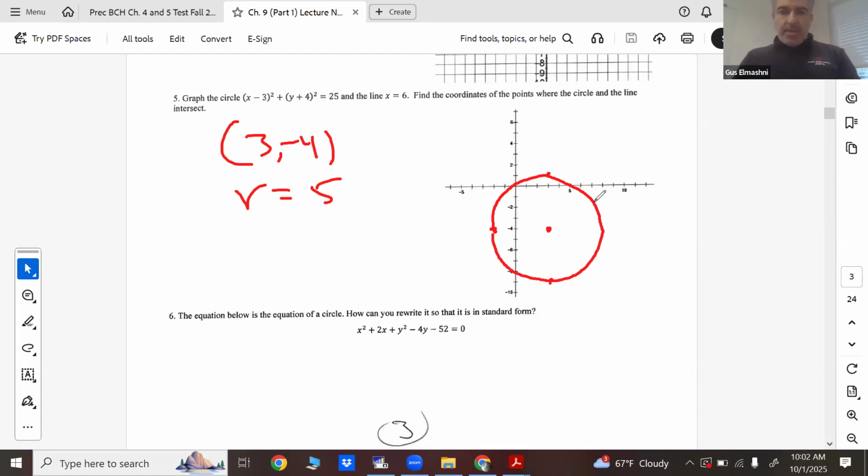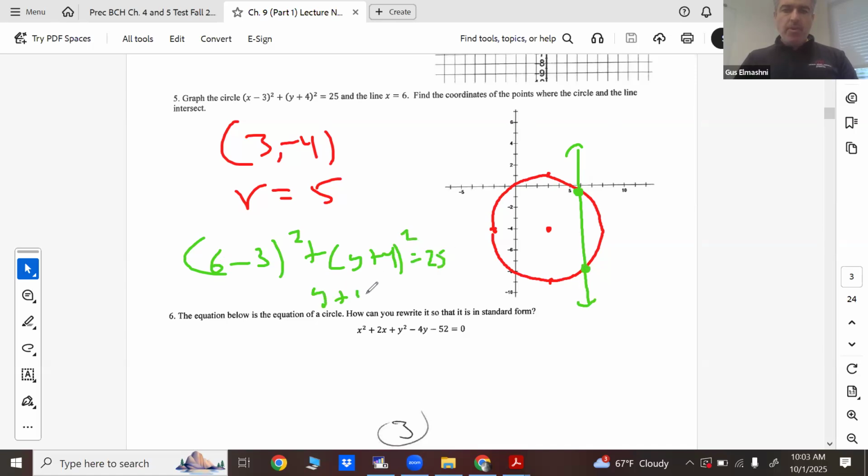And then x equals 6. Change colors, and find the coordinates where they intersect. Well, that's easy. Just plug in 6 for x and solve for y, of course.